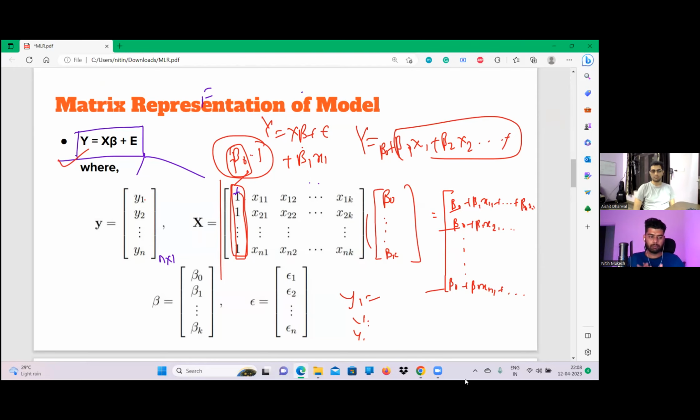And you also want a beta naught, because you don't want to only get y in terms of the x's. There has to be a constant term as well for each row.